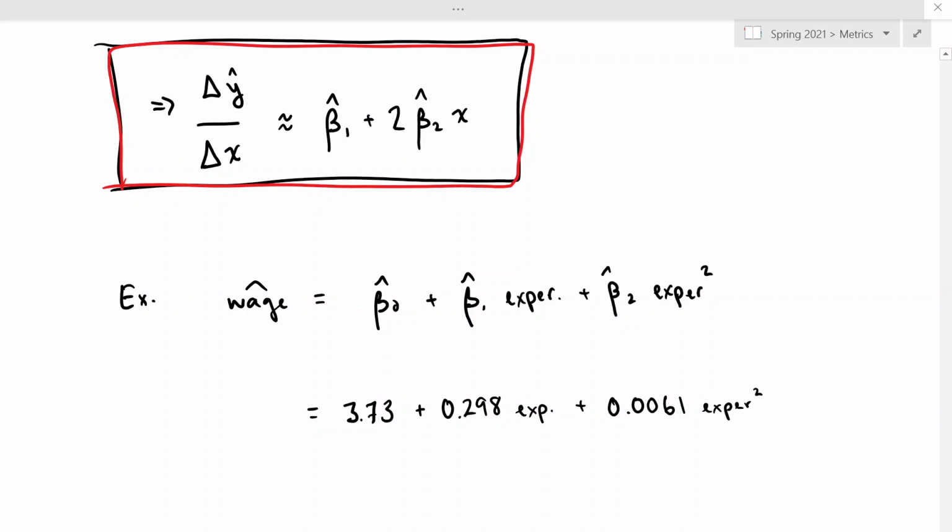Now, let me also just recall that this is the hourly wage. That'll matter for the interpretation.